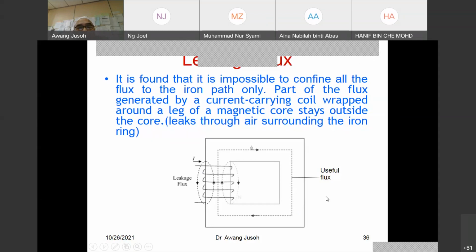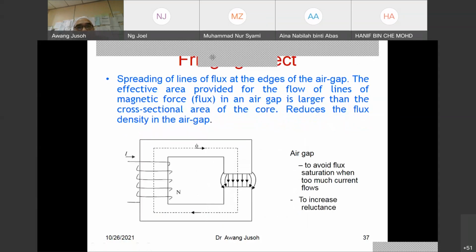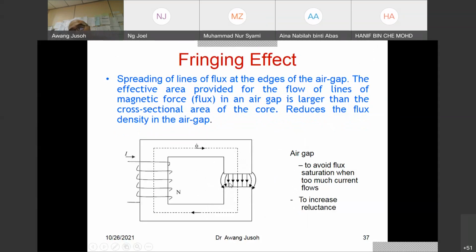The other important thing is called the fringing effect. So what is the fringing effect? When we have a source of flux, the flux will flow through the core, and sometimes the system has an air gap like this one.